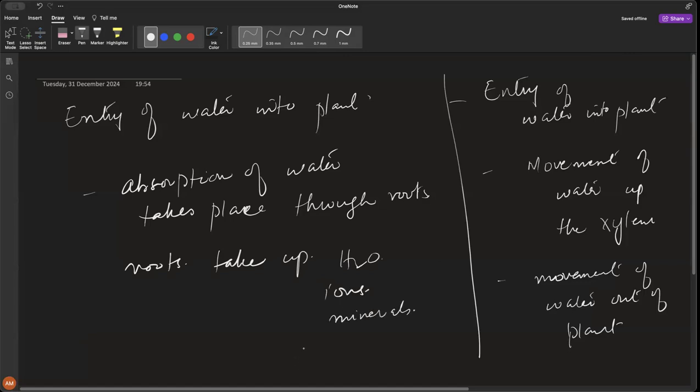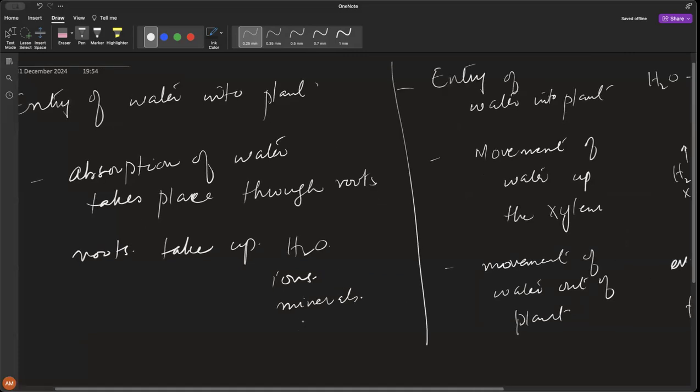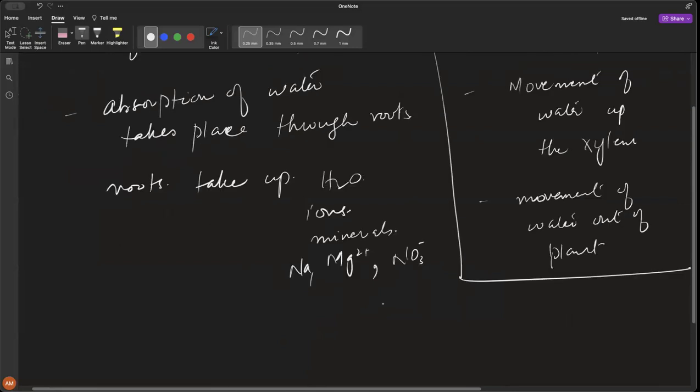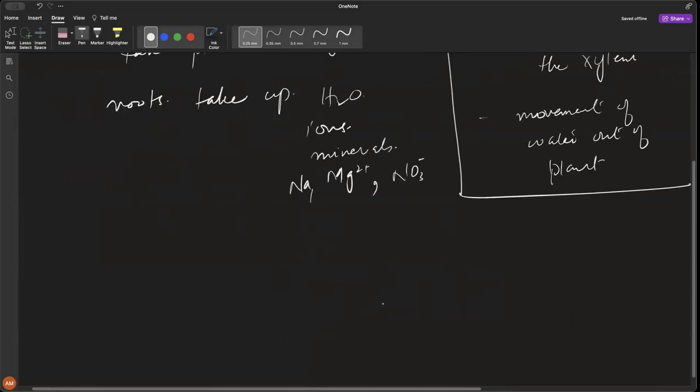Minerals which are essential for plant growth, like magnesium, which is essential for the formation of chlorophyll, like nitrates, which are essential for the formation of amino acids from glucose, sodium, etc. This is what the root actually takes up.